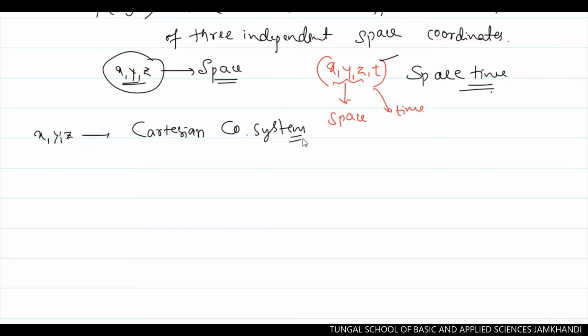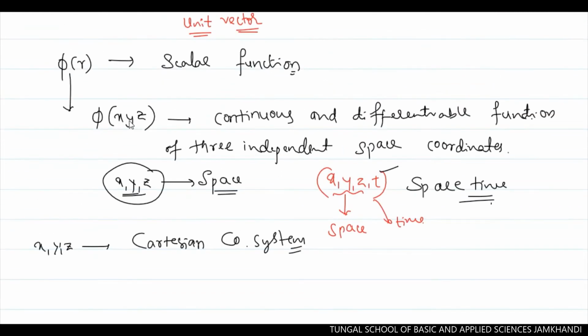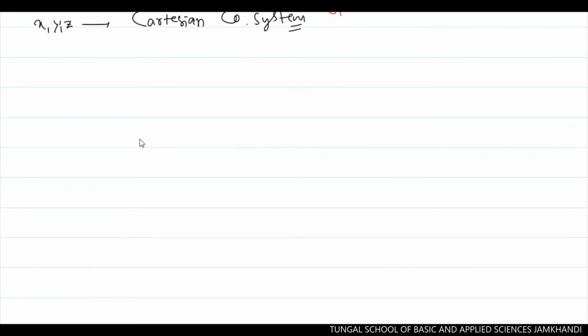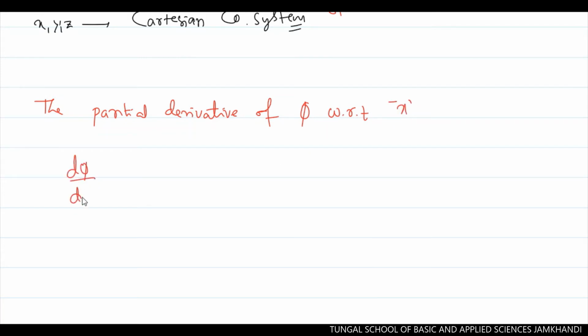Here the function depends on all three parameters, that is x, y, and z. Now, the partial derivative of this function phi with respect to x is given by d phi by dx.